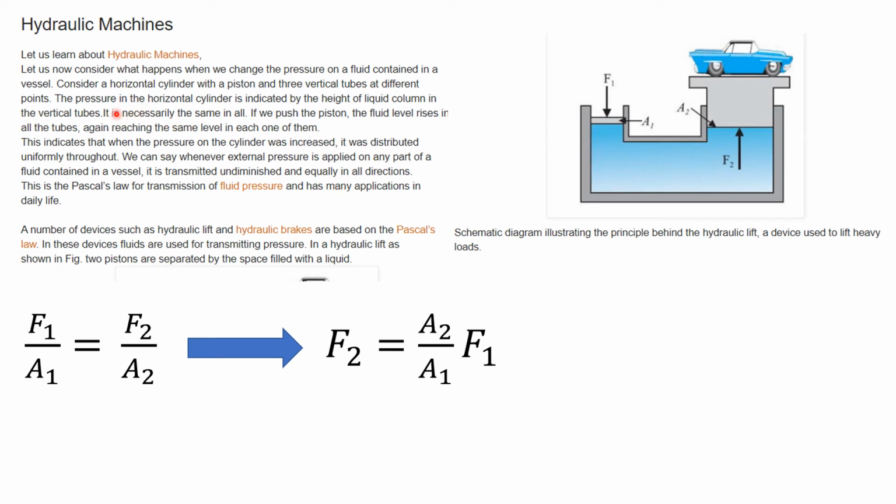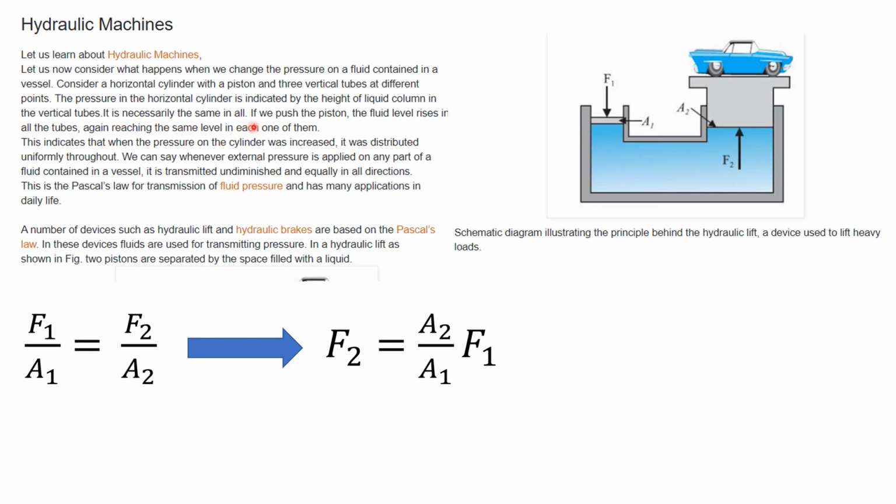Consider a horizontal cylinder with a piston and 3 vertical tubes at different points. You see here's a tube, and this is a tube as well. The pressure in the horizontal cylinder is indicated by the height of the liquid column in the vertical tubes.